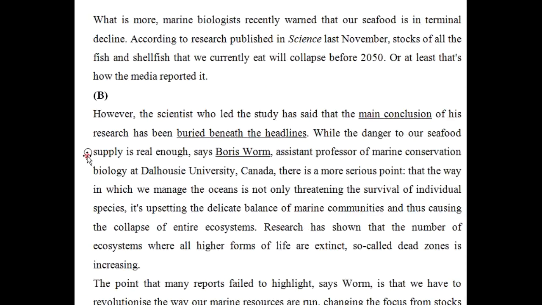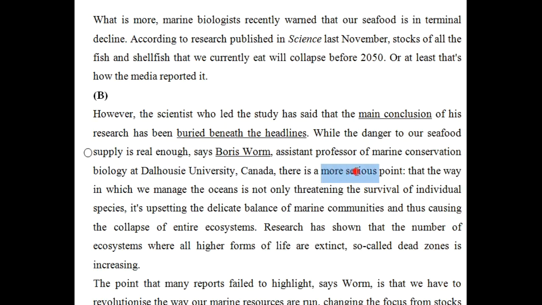This hint I dropped while doing question type 1, which is matching the headings. The name is here. I have to find out the main concern. So let me go back to the sentence where it begins. Okay, here: while the danger to our seafood supply is real enough, says Boris Worm, assistant professor of marine conservation biology at Dalhousie University, Canada, there is a more serious point. Okay, the more serious point is here.